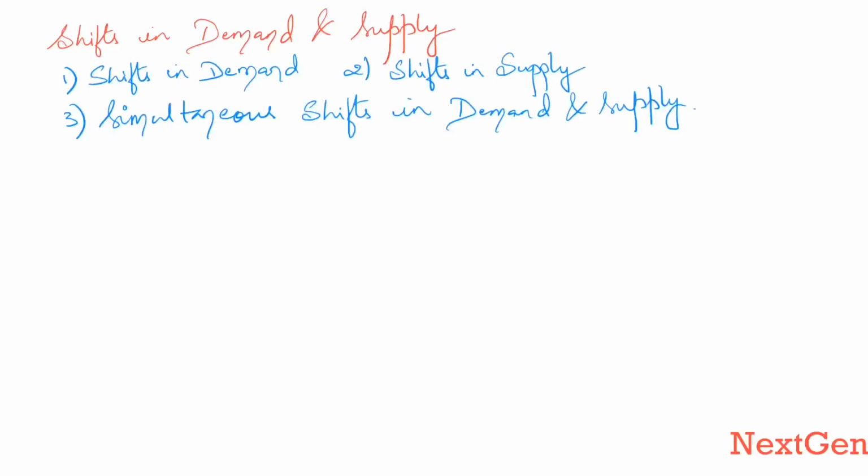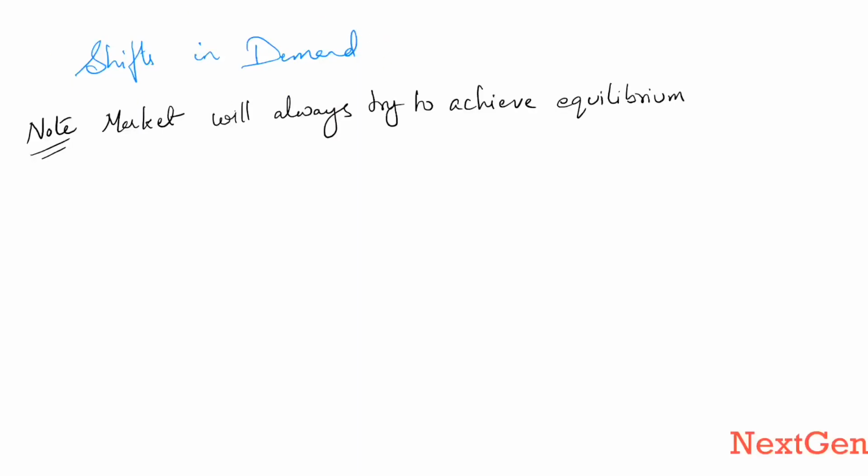Now, let's understand the concepts of shifts in demand and supply. Here we'll study shifts in demand, shifts in supply, and simultaneous shifts in demand and supply. Now, what happens when there is a shift in demand? Remember, market will always try to achieve equilibrium position.